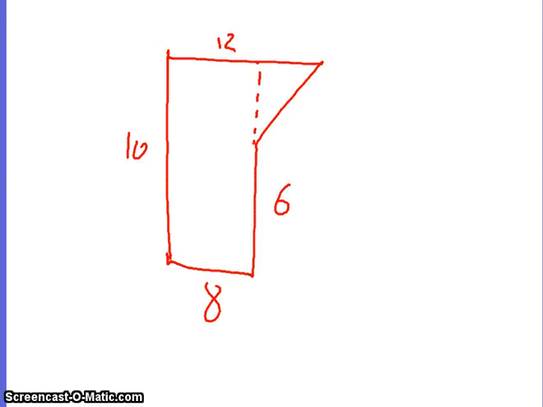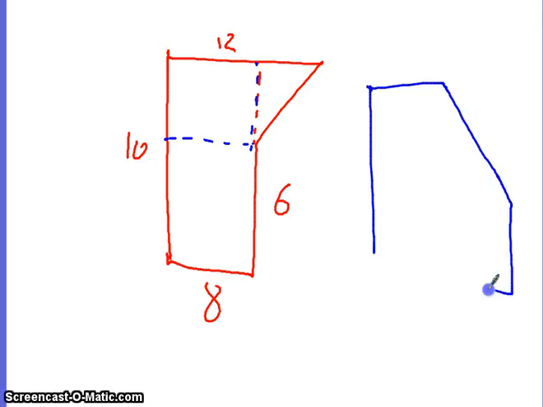You could divide it up here and then here as well. So you could divide them up a couple of places. And if your shape was a little more simple, like this one, you could also do that subtraction method by finding the area of the whole thing. Okay? There you go. Lesson 75.